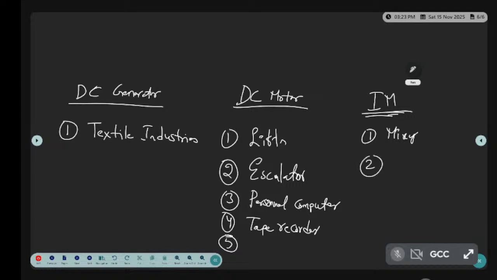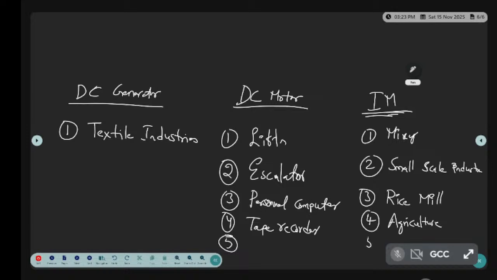Second one. Okay. Small scale industries. Rice mill. Okay. For agriculture. Okay.